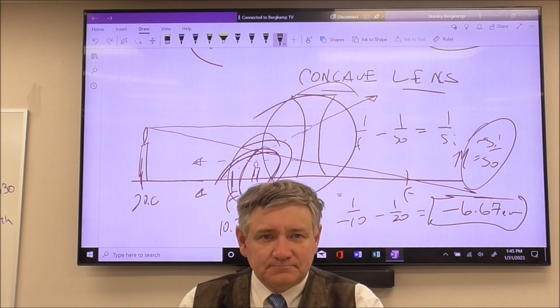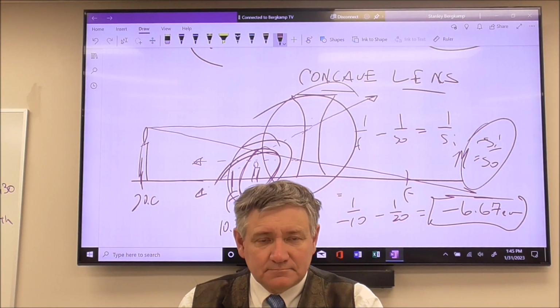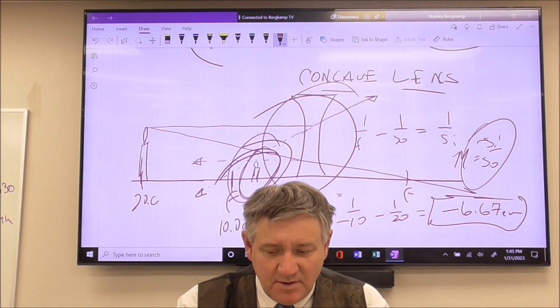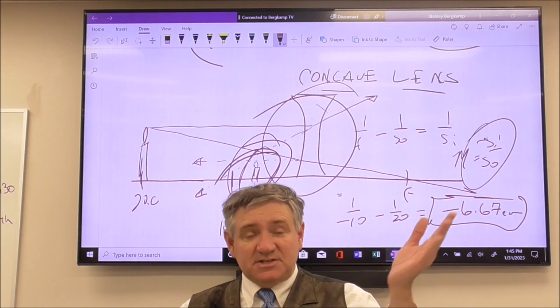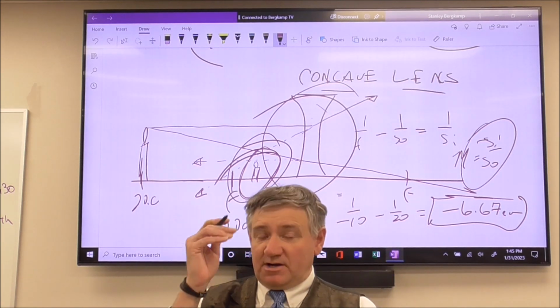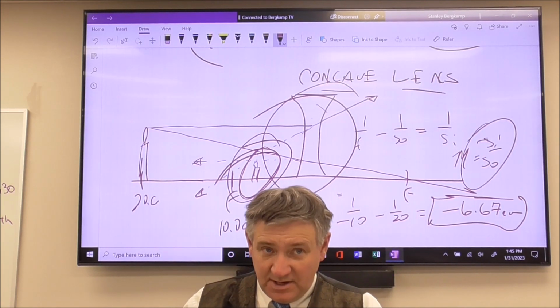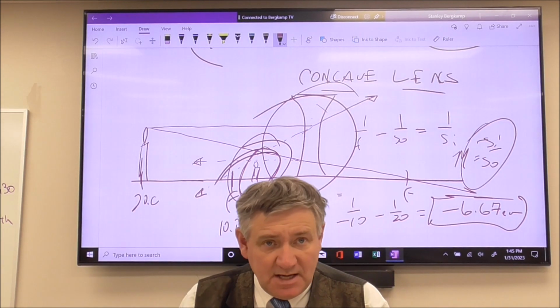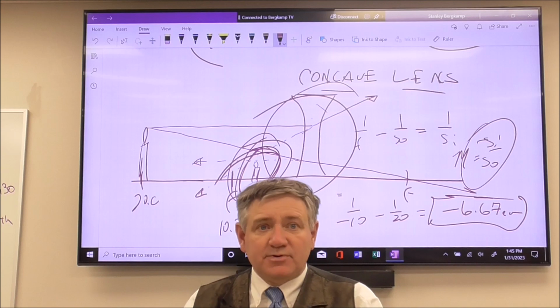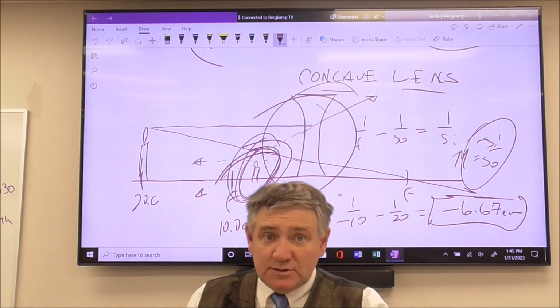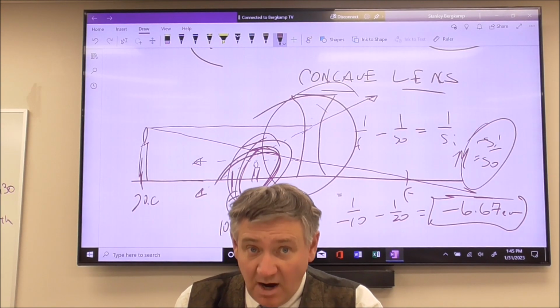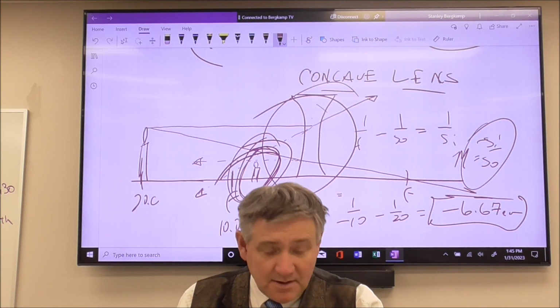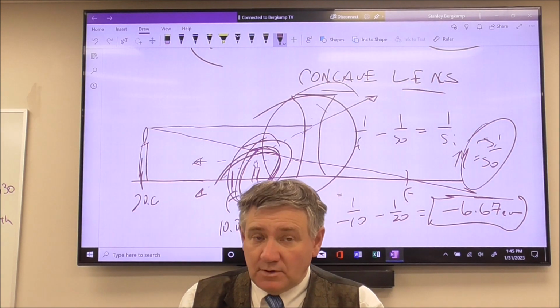Sam? Can you go over again how you know when there's light reflected back from the lens? So part of it is just knowledge. I know that on a concave lens, the only thing that can happen is that I can produce a virtual image. So if it's concave, it's virtual no matter what.